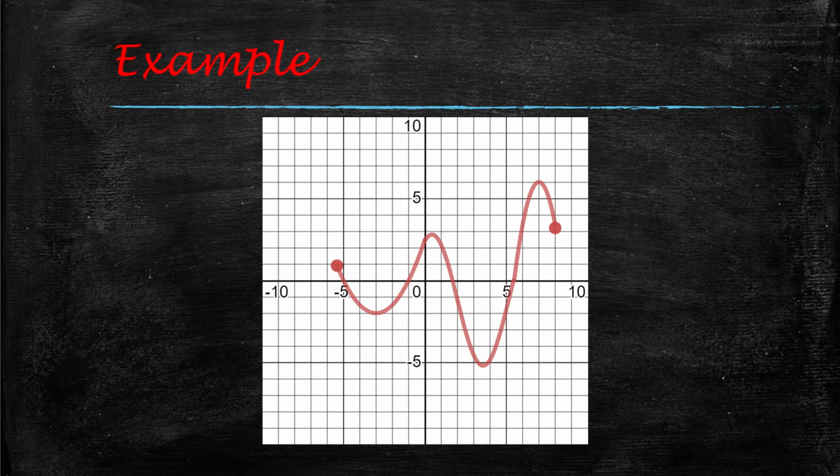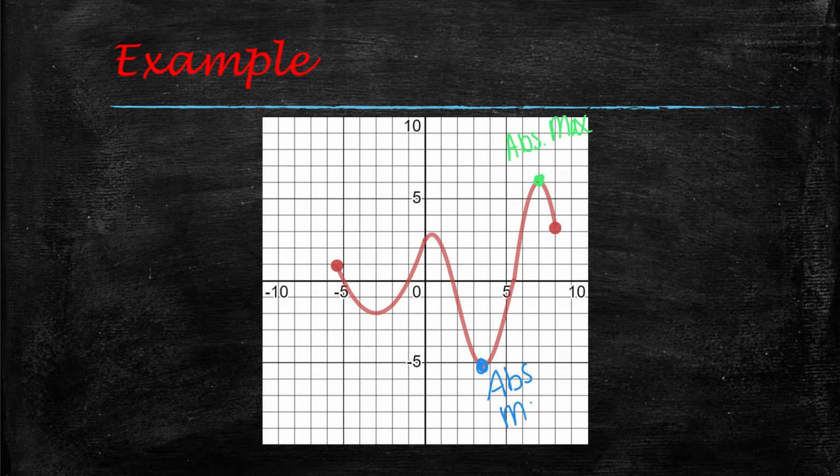So looking at this graph here, let's talk about the absolute maximum. The absolute maximum would be the absolute highest point. Okay, so right here, this one's going to be considered the absolute max. We also have an absolute minimum right here.